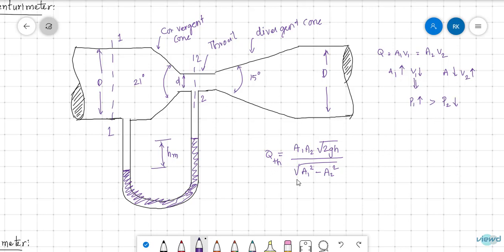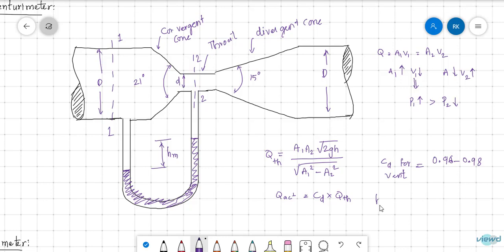Actual discharge is equal to coefficient of discharge into theoretical discharge. The CD for the venturimeter varies from 0.96 to 0.98.